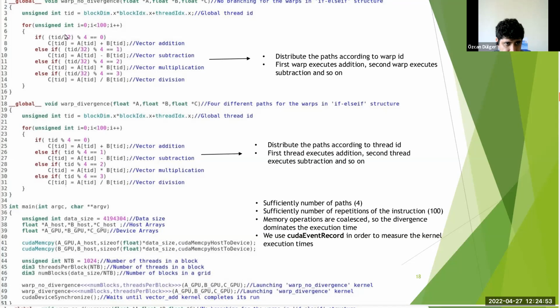Be careful. In the no divergence case, we use warp ID, so these operation paths are distributed according to the warp ID.